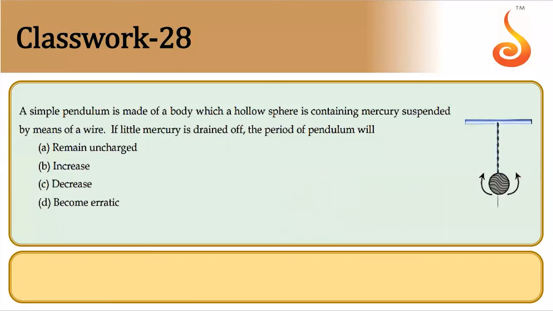A simple pendulum is made of a body, a hollow sphere containing mercury, suspended by means of a wire. If a little mercury is drained off, then the period of the pendulum will remain unchanged, increase, decrease, or become erratic.